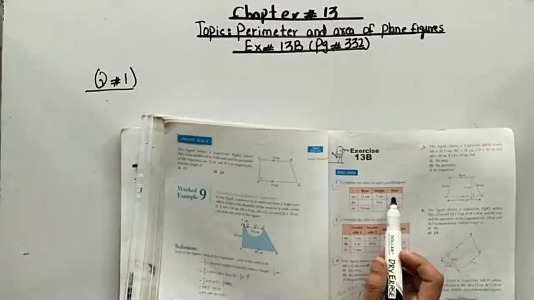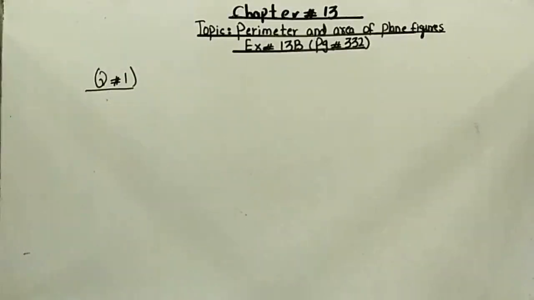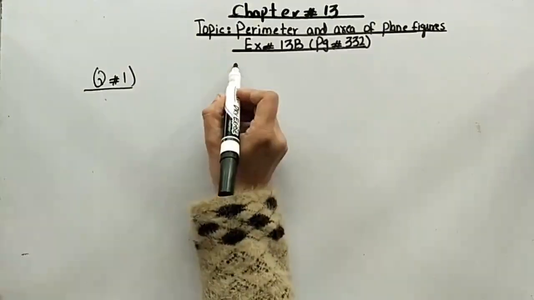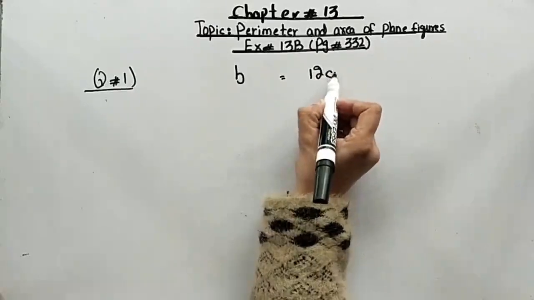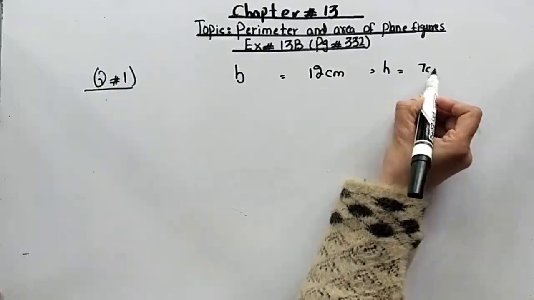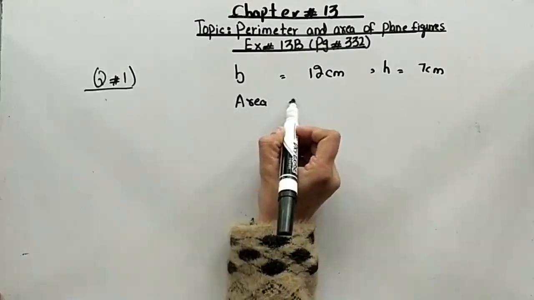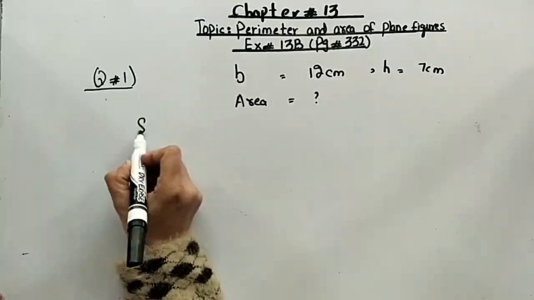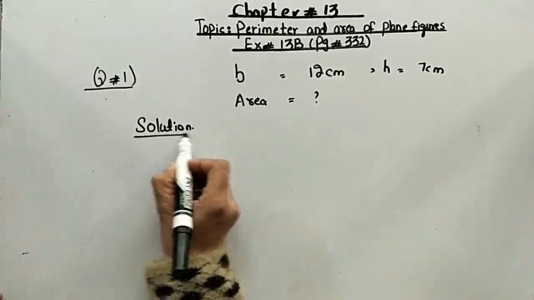Fine. So in first part, area, base and height are given. Base is equal to 12 centimeter and height is equal to 7 centimeter. Then what will be the area of parallelogram? So first we will write area formula.